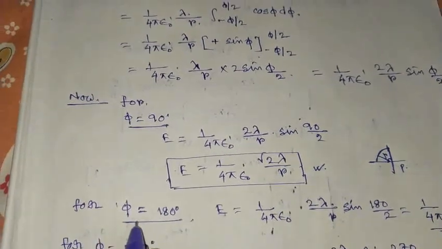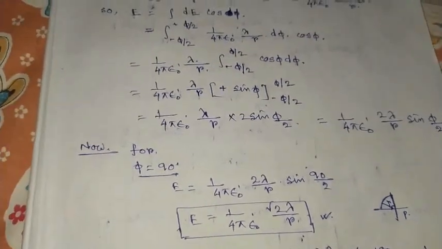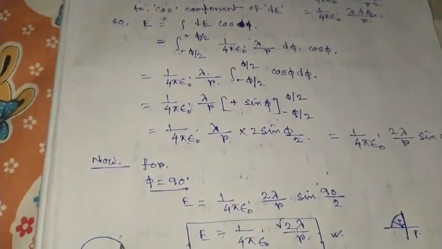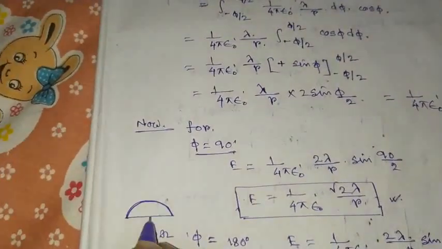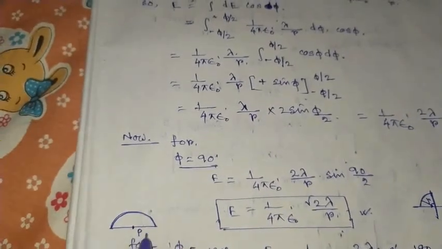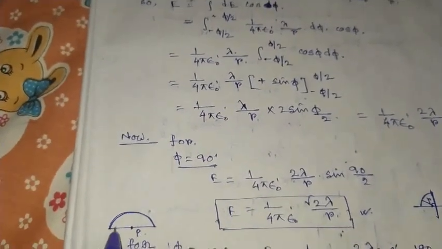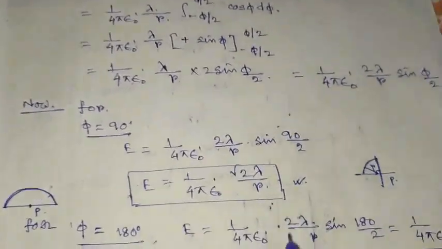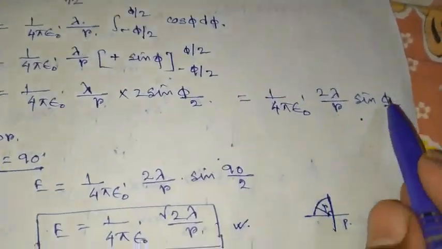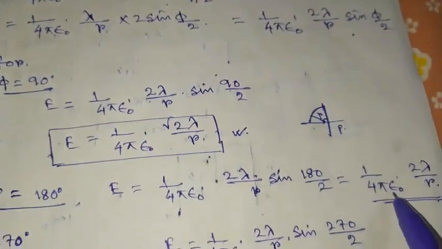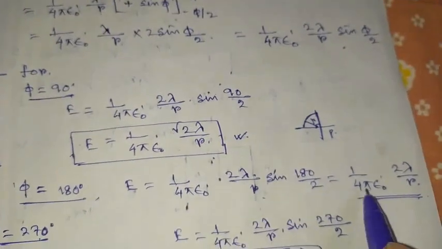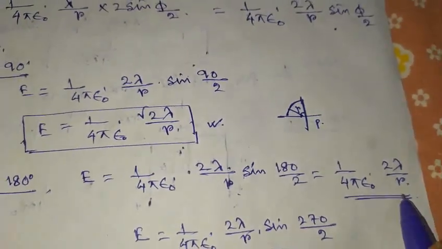If the angle was set phi equals to 180, the figure can be drawn in this fashion, that is of a half circle, and due to this whole half circle you are required to find out the electric field at point P. If we apply this relation and put the value of phi equals to 180, then we can find out the relation for this figure. The electric field will be 1 by 4 pi epsilon naught, 2 lambda by r.